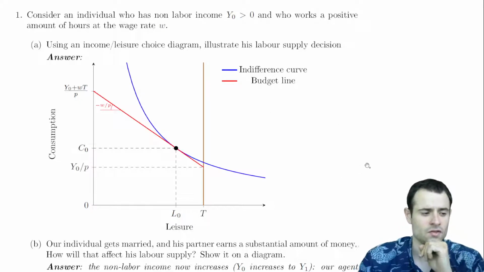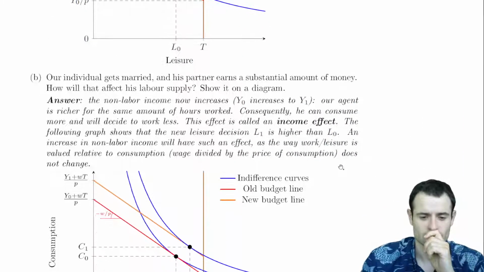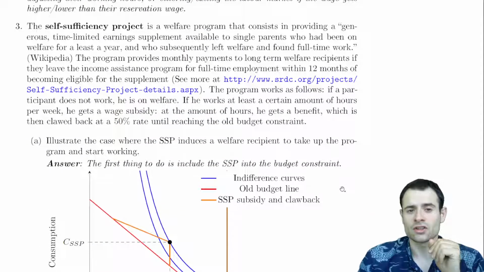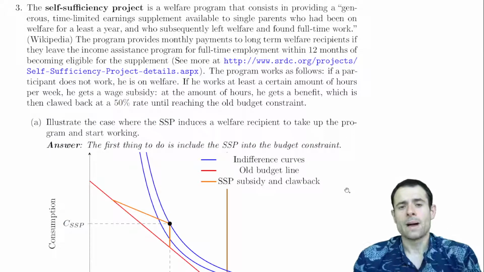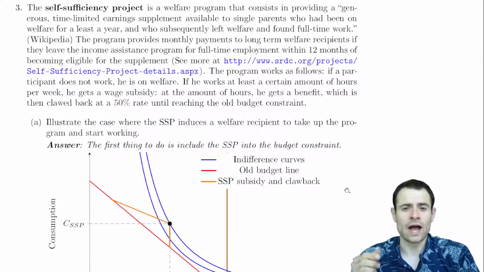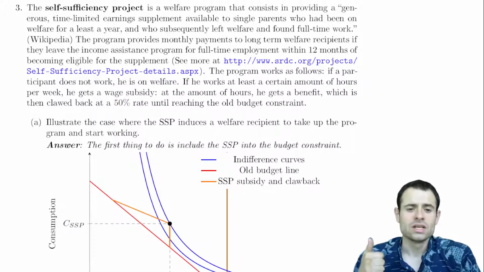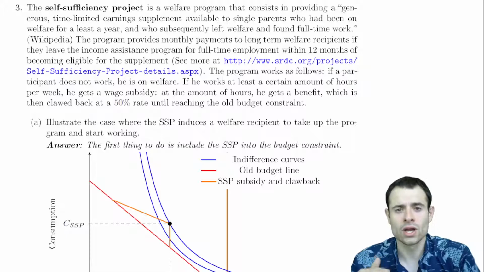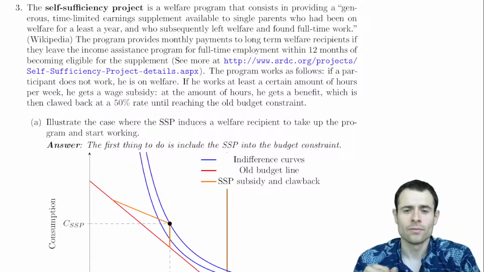The self-sufficiency project is an interesting alternative, because by targeting only people who were on welfare before, it cannot induce less working. Those who work already will not be impacted by the program. The program will not apply to them.